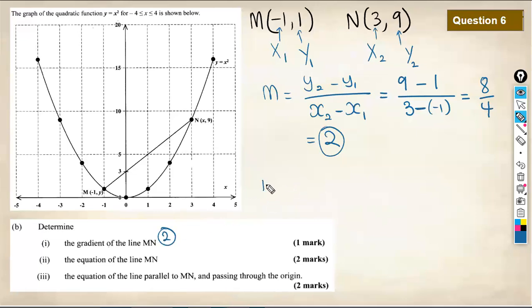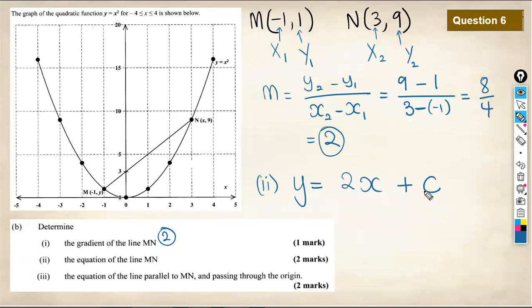Now, to find the equation of the line, there's an easy way or a hard way. Remember, the equation of a straight line is y is equal to mx plus c. We just found the gradient as 2, so we can replace the m with 2.